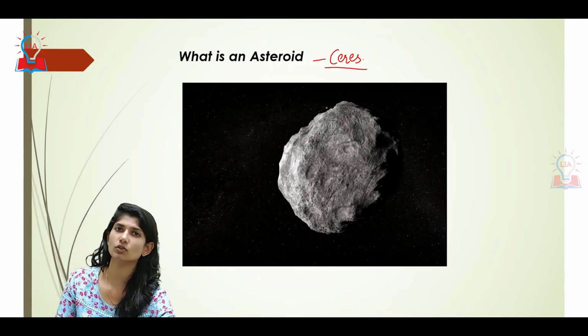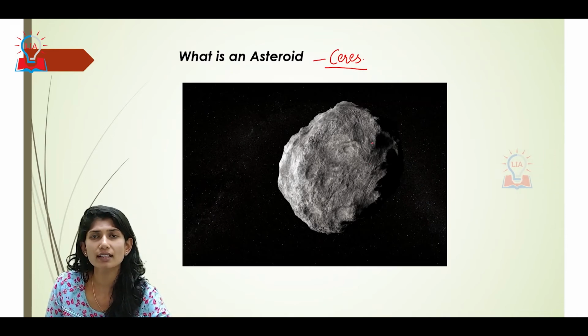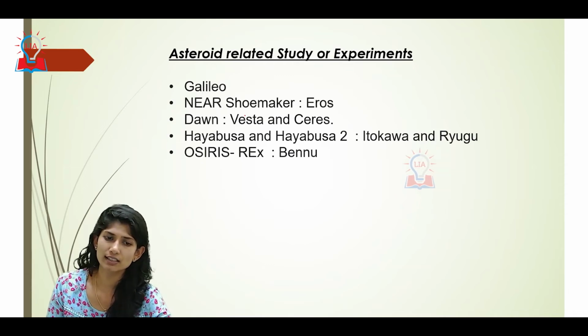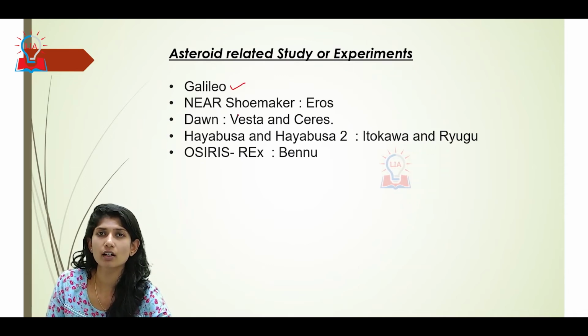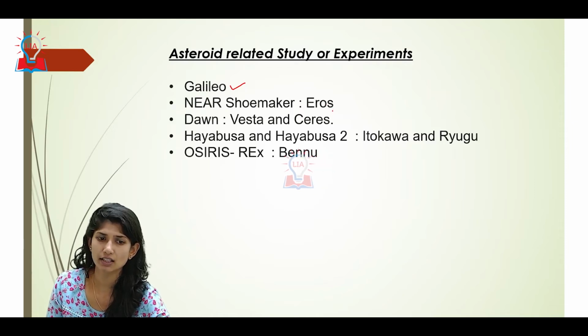We are so concerned with asteroids because we call them near-Earth objects. Have we done anything with respect to asteroids in history? Let's have a look. The Galileo spacecraft was the first to study asteroids. Next, the NEAR Shoemaker spacecraft by NASA studied the asteroid Eros.